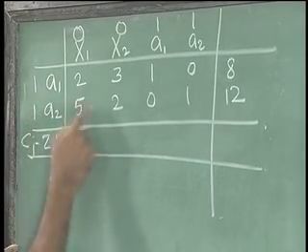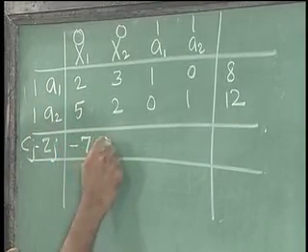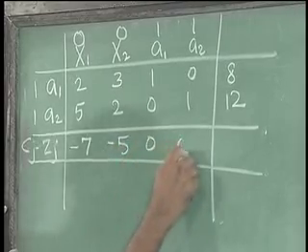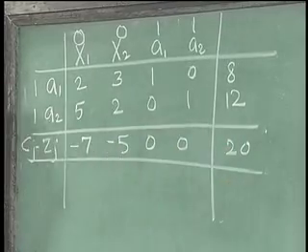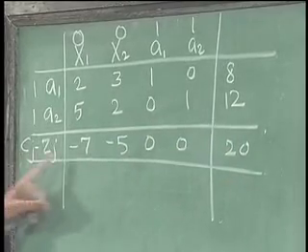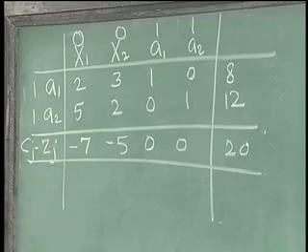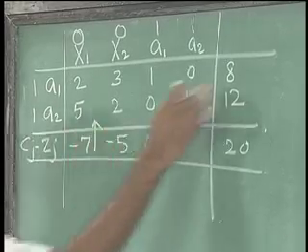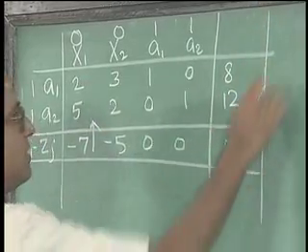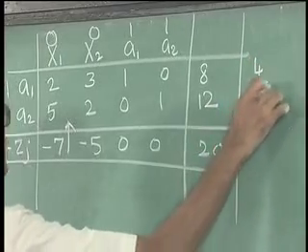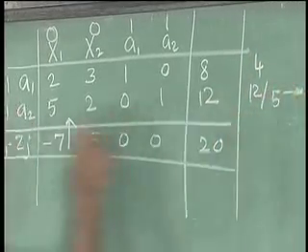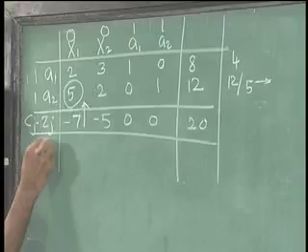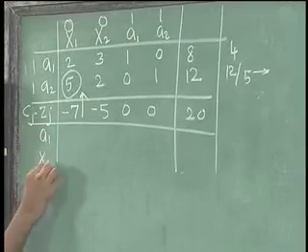This is 2 plus 5, 7. So, minus 7, minus 5, 0, 0 and 20. So, minimization problem. So, negative Cj minus Zj will enter. So, 8 divided by 2 is 4, 12 by 5. So, 12 by 5 leaves the basis. This is your pivot. So, you have a1, x1 coming in.